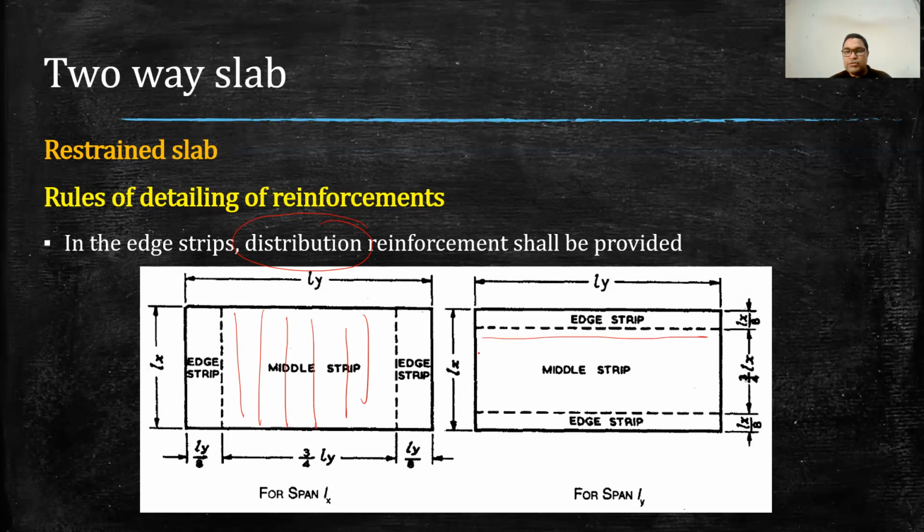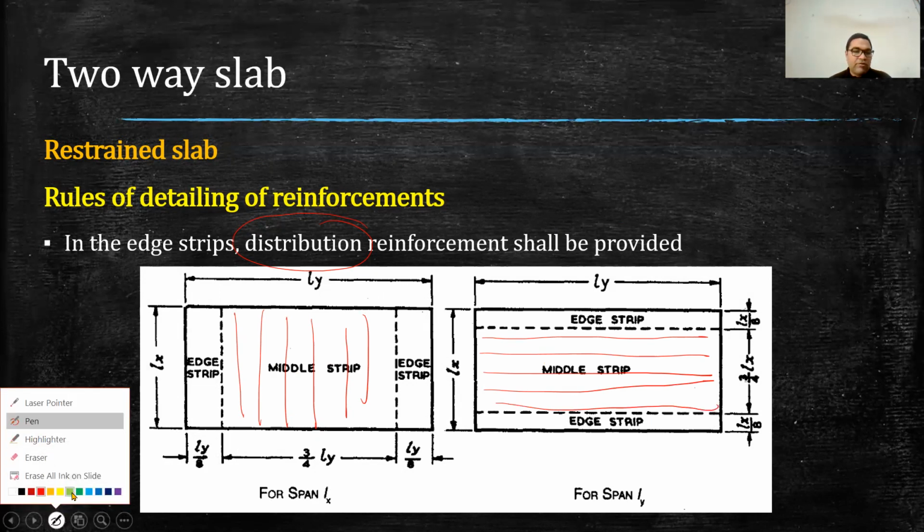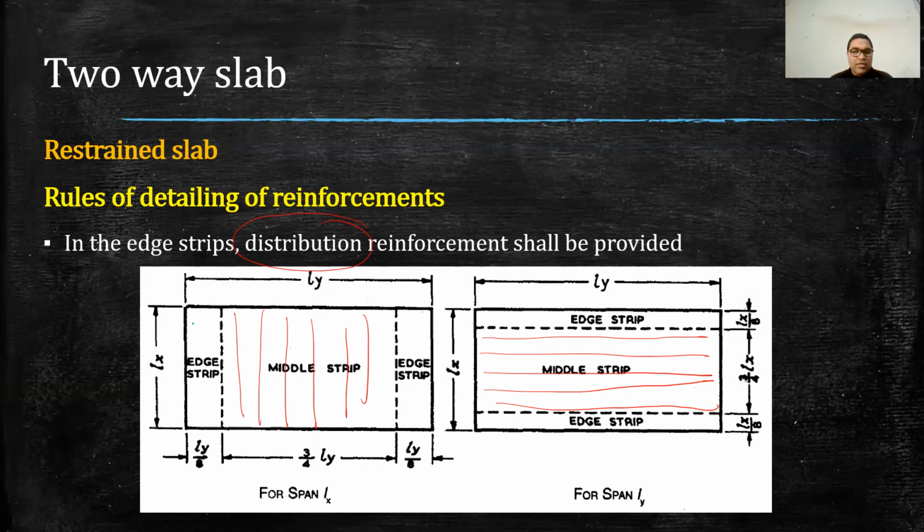Similarly, in this case also, the main reinforcement will be along the middle strip only, and the distribution reinforcement will be provided in the edge strip here. So along the edge strip we will provide distribution reinforcement. These green lines I am showing are the distribution reinforcement.